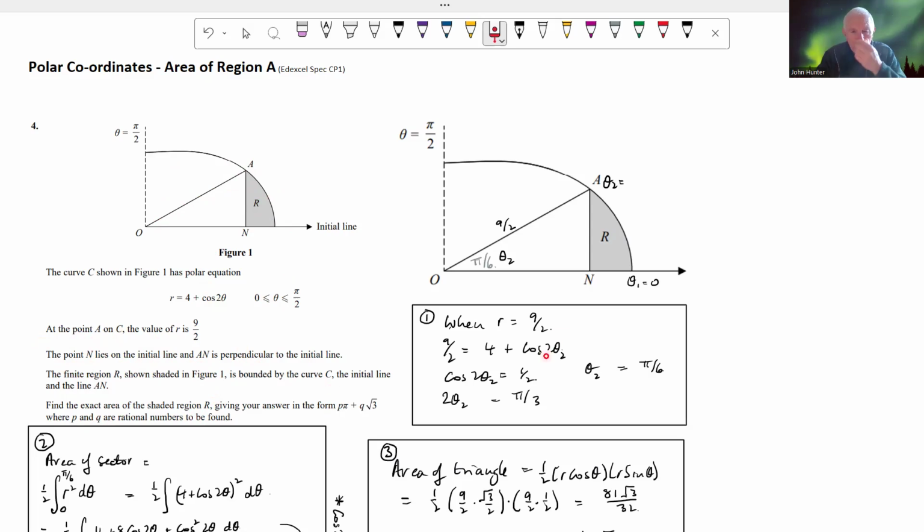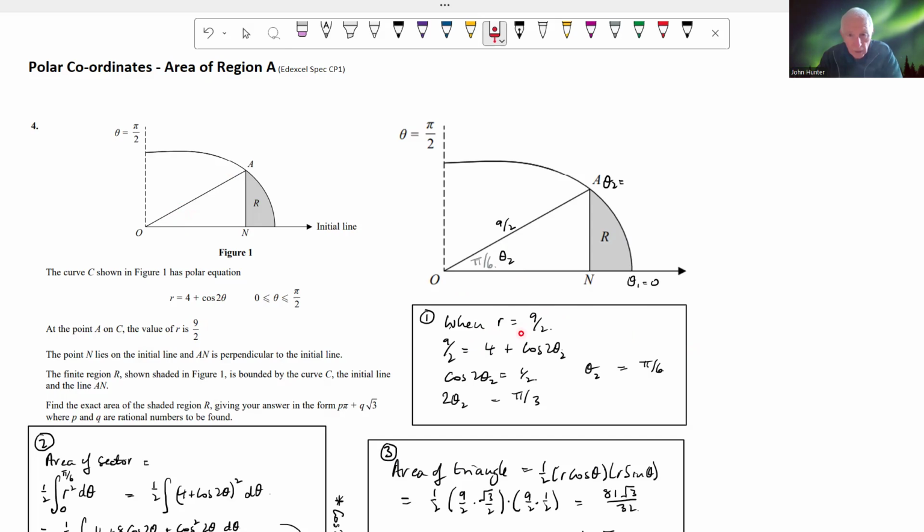Right. Okay. So the first thing we need to know, if we're going to find the area, is this angle here, denoted on here as theta 2. And we can just use the equation of the curve in order to give us that.